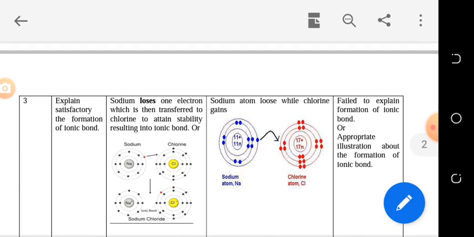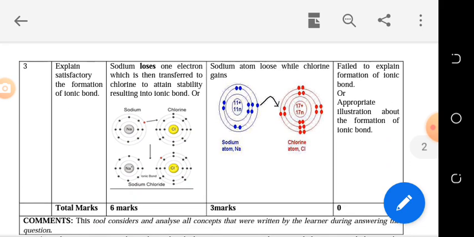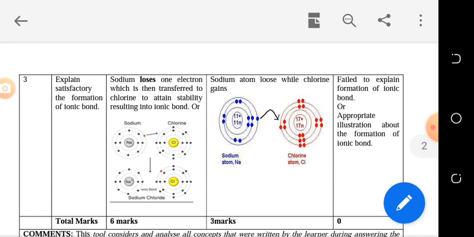So now in this case, the student has provided the full explanation, or explanations that will lead to the correct information on how ionic bond is formed. They will get all the marks, 2 marks. Remember the score for each rubric.